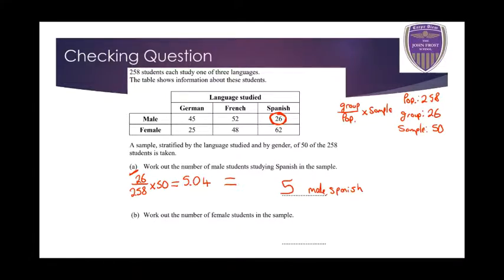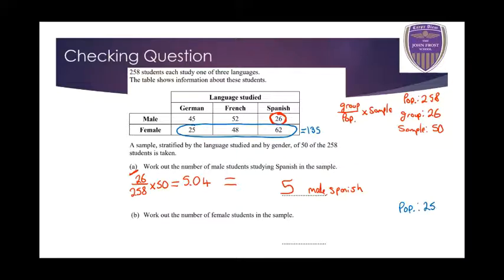Okay, so now let's change to a blue pen. And now we need to work out the number of female students in the sample. So that means we're looking at all of the females here. It might be helpful to add up the numbers first. So 25 plus 48 plus 62, that is 135. Before we work out anything, let's remind ourselves, what is the population? Well, that's the same as the whole question, because it's a survey of all the students.